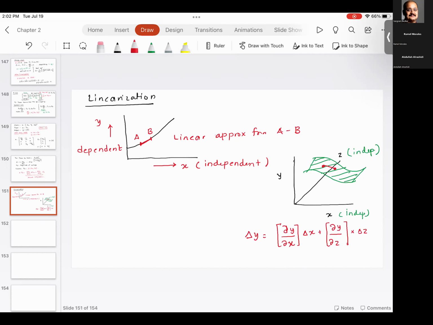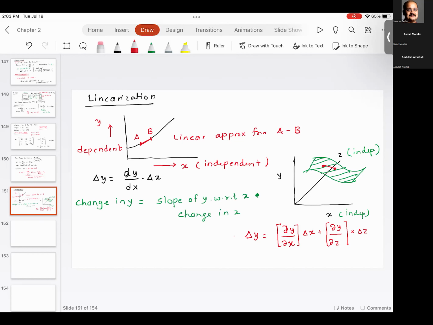Now I want you to think about the same thing here. Change in y is equal to slope of y with respect to x. But since this is a single independent variable, we have a full derivative multiplied by change in x. I'm going to write this down: change in y is equal to slope of y with respect to x multiplied by change in x.